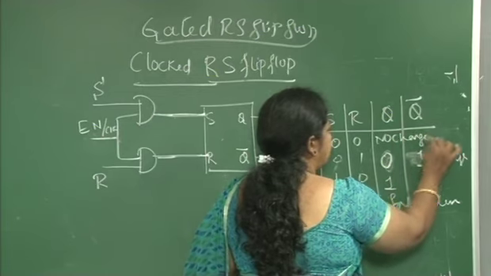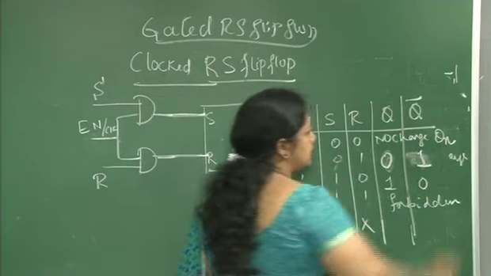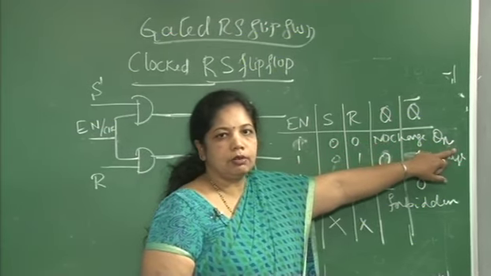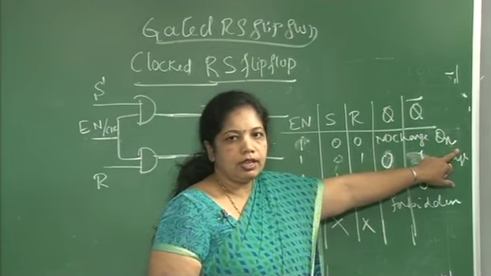We represent no change as Qn. N represents the same state, whichever the previous state is, it is holding. So we call it Qn.